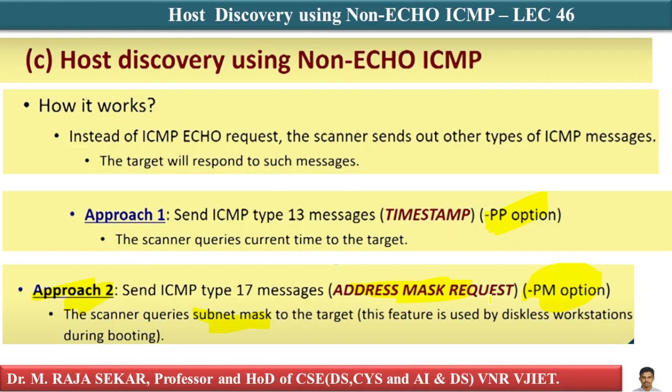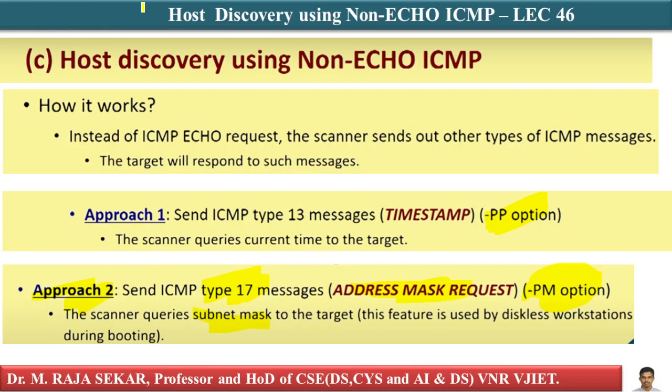This is type 17 in ICMP. Just see, this is a type 17 message. Anyway, we will try to demonstrate all these things. So here again, you are asking for the subnet mask. If again a response comes back, you will know it is alive. Otherwise, it is not. So all these are available techniques.